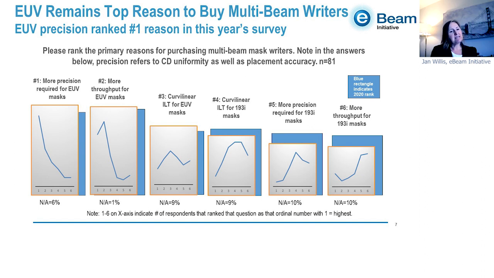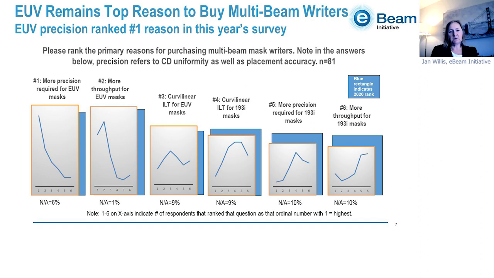What you can see is that the #1 and #2 reasons on the far left have actually reversed order. So again, this year, more precision for EUV is #1, more throughput for EUV is #2. Similarly, the #3 and 4 reasons swap places.